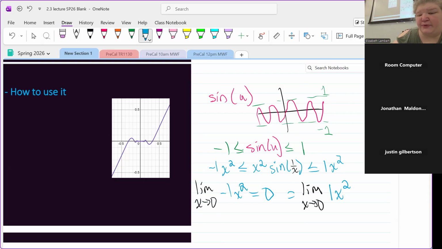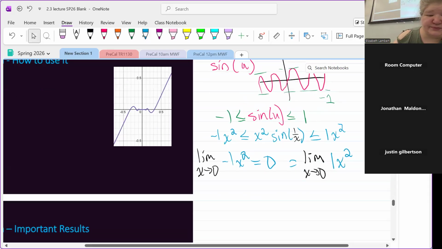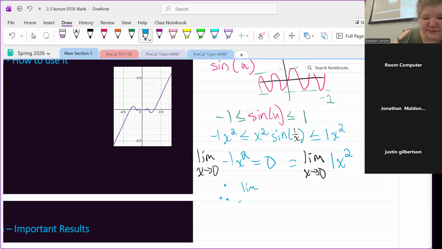I also get 0. Therefore, the limit as x approaches 0 of the ugly mess in the middle is also equal to 0.